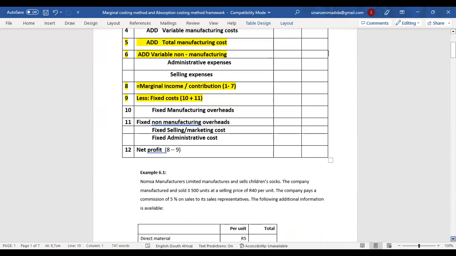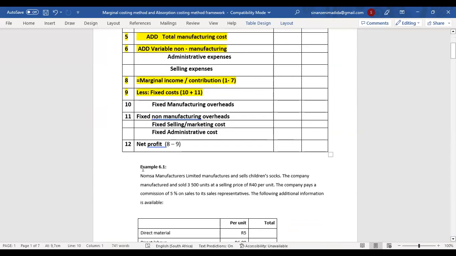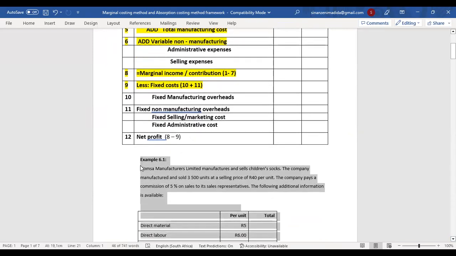To try and understand, guys, this format, let's do this example together. This is example 6. Let's look at what is required from this example.